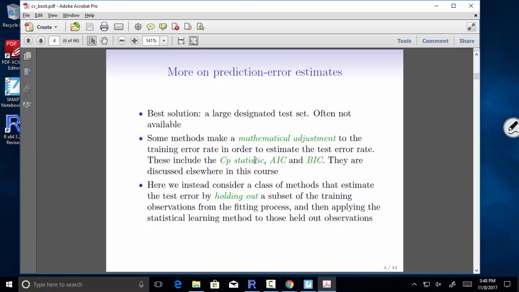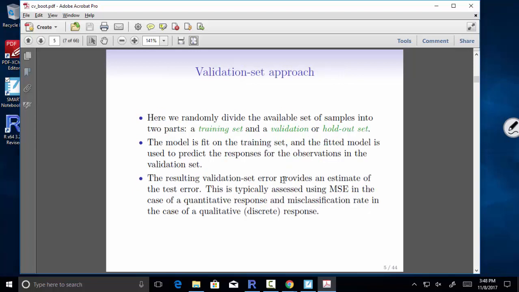That has the least amount of assumptions or ways it can go wrong with estimating accuracy. Other alternatives, I mentioned there are some mathematical adjustments to training error rate, such as AIC, BIC. Or you can do cross-validation.